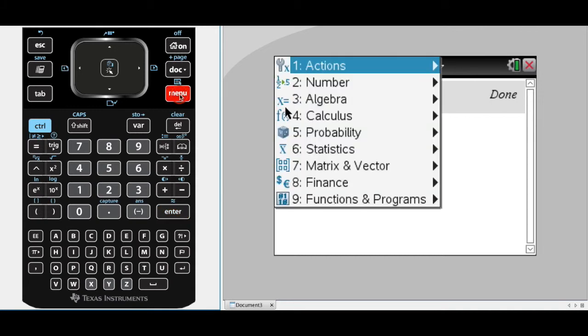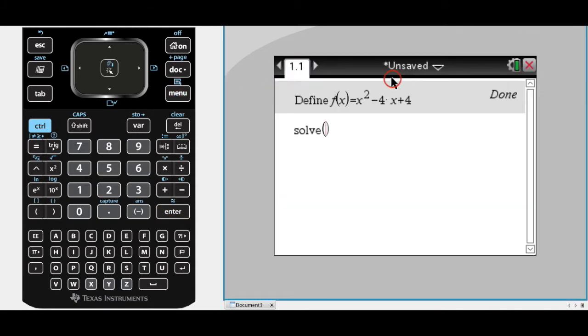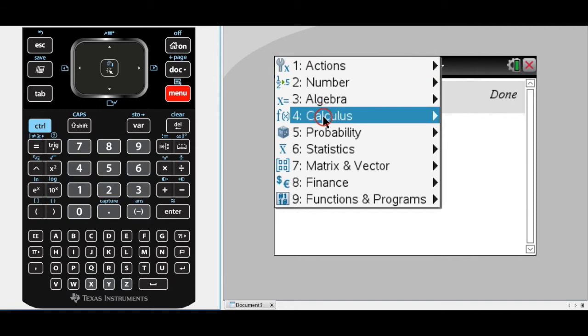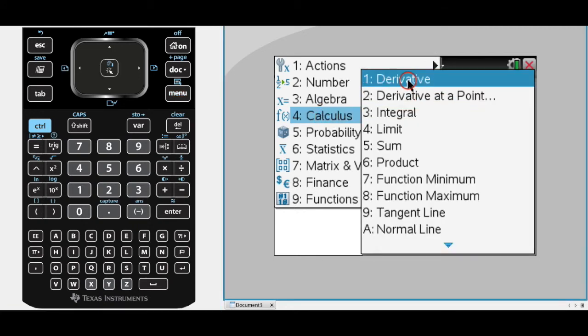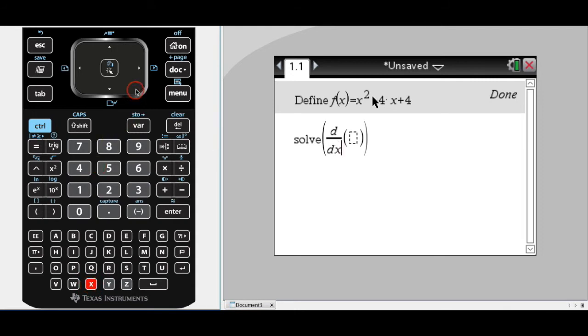So I'm going to go to Menu, Algebra and Solve, and now I'm going to make use of the derivative function, so Menu, Calculus and Derivative. I'm doing it with respect to x, and I'm going to just put in here f of x, which has already been defined.